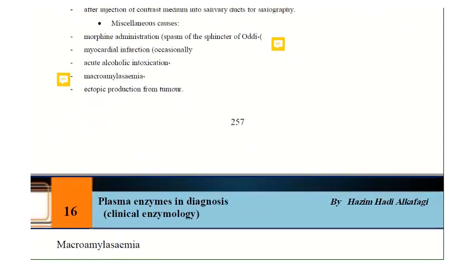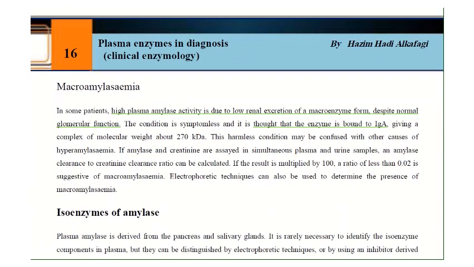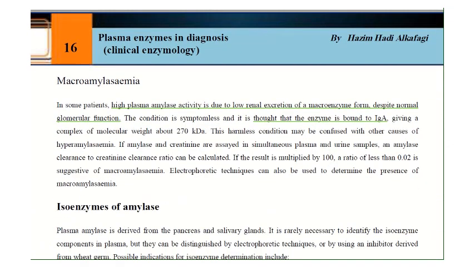والآن نأخذ موضوع المايكروأميليزيميا اللي ذكرناه قبل قليل.